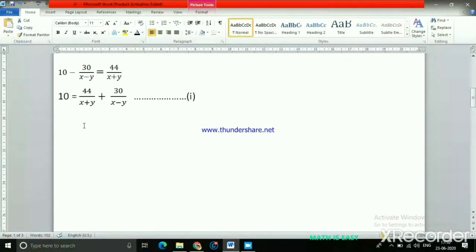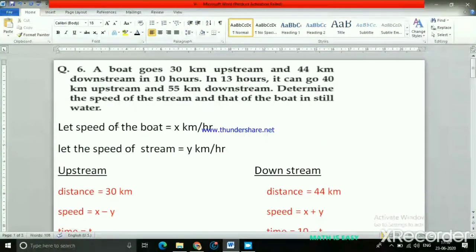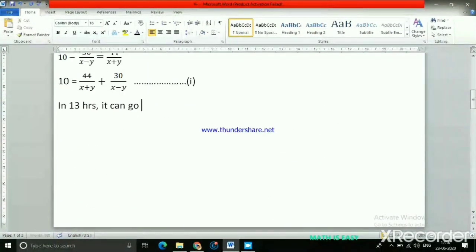So in 13 hours, it can go how much distance? 40 km upstream and 55 km downstream.